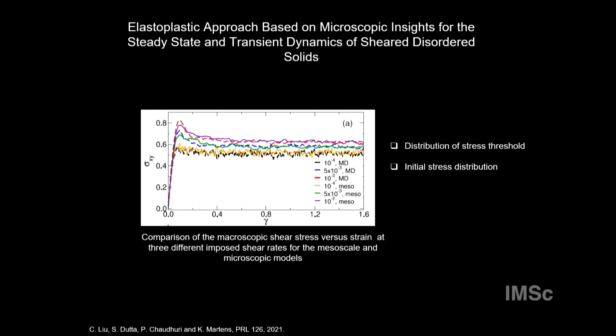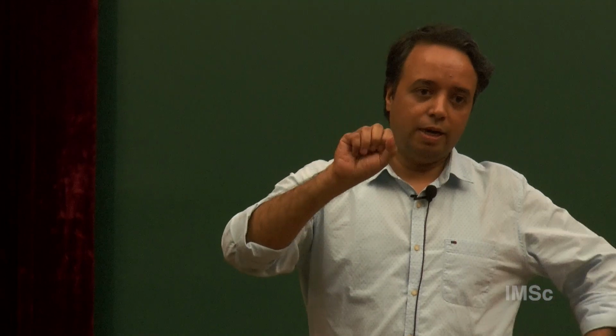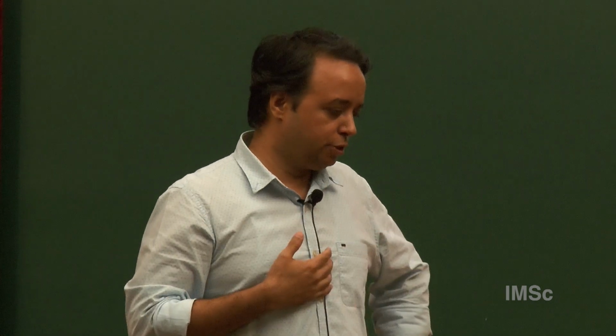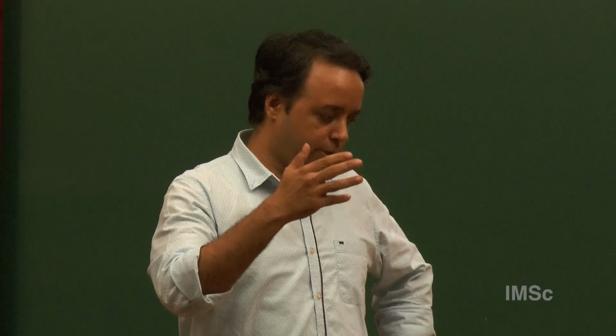I would like to present another example, a recent work by Pinaki and his co-workers. When you do these lattice simulations, you're assuming that each lattice site is associated with a certain threshold value for failure, which could be stress or strain. Usually you take these yield values from a certain distribution.